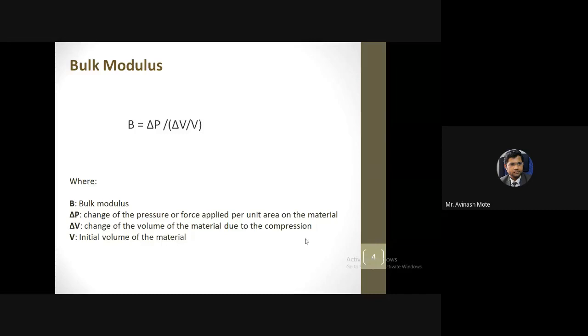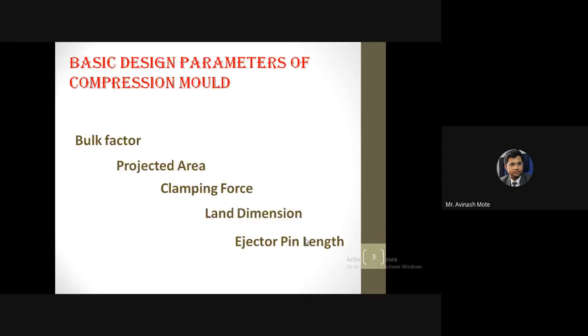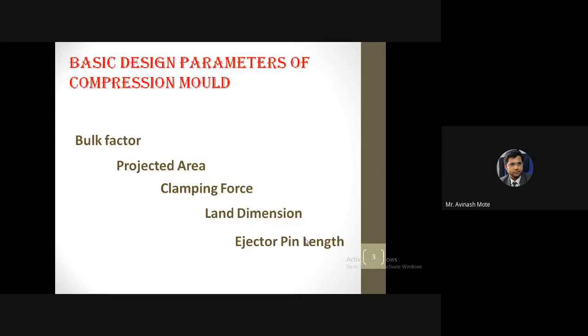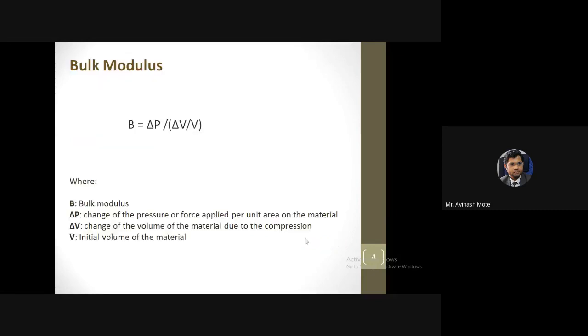In the last lecture we started with the bulk modulus, and we have seen many things about it, and gone through a couple of examples from different exams. Those were not based on the bulk factor but the bulk modulus, which is a part of strength of materials, fluid mechanics, and sometimes heat and mass transfer also. Here we have the terminology of bulk factor, but most of the time we have come across the bulk modulus.